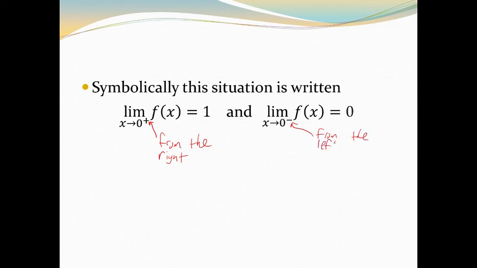We use the negative and positive signs because if we consider 0, the right side is x coming from all the positive values. That's why it's plus from the right. And this is negative because on the left side of 0, everything is negative. I think that's where the notation comes from. Regardless, that's what we use. So negative means from the left, positive means from the right.